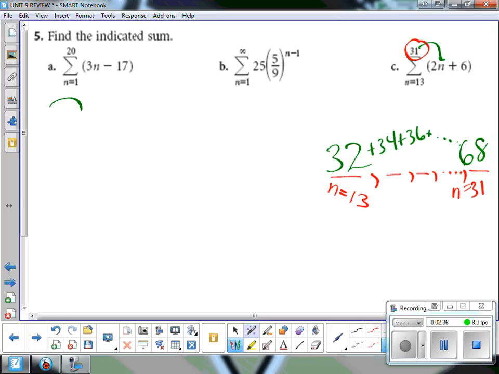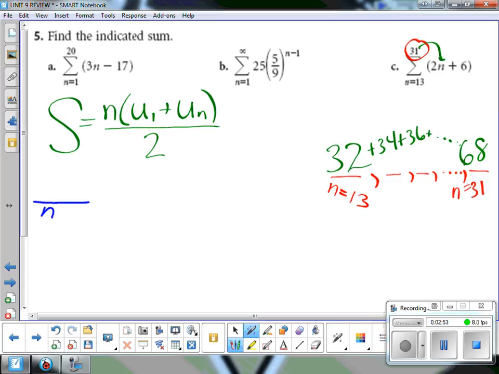When it's arithmetic, you use this formula, always. Now what's confusing about it a little bit in this formula is they want to know what U1 is. But that's not the U1 that I had written up here before, remember? The first house on the block. We don't care about that. We only want to start here.